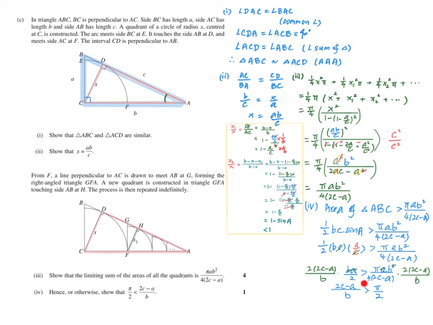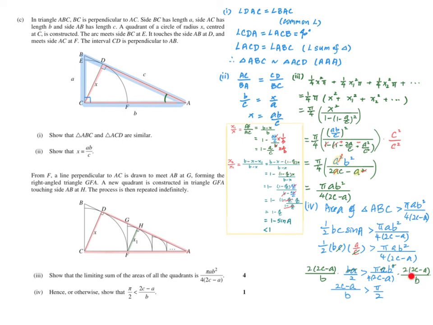And then since this is an inequality, we have to make sure that what we multiply must be positive. b is positive, of course, but how about 2c minus a? c is the longest side of this right-angled triangle, so c itself should be longer than a. c minus a should be positive.